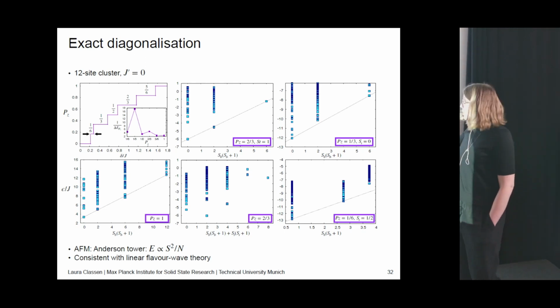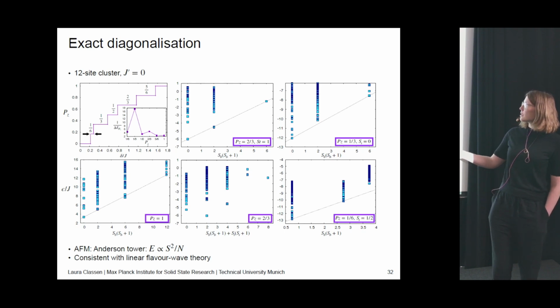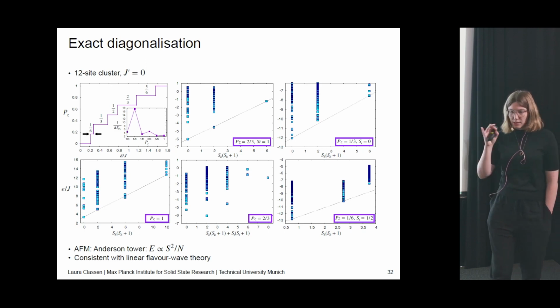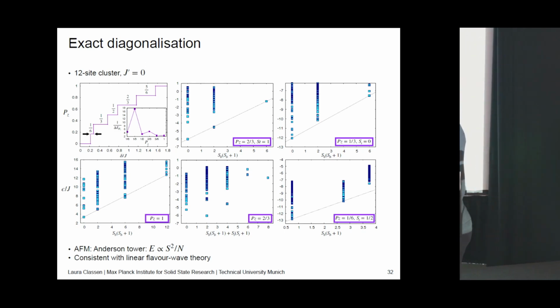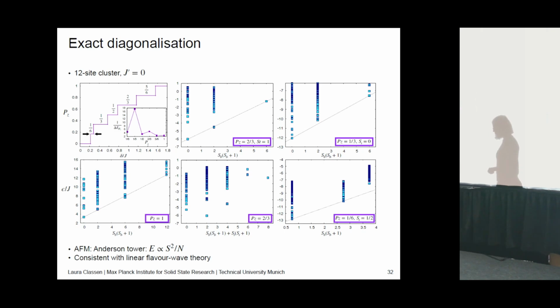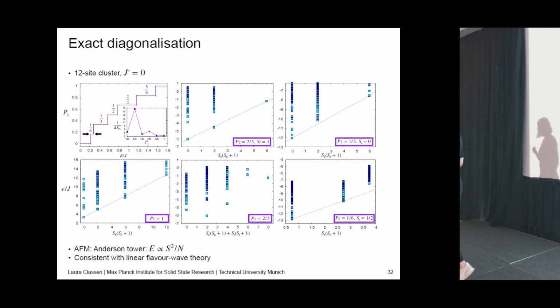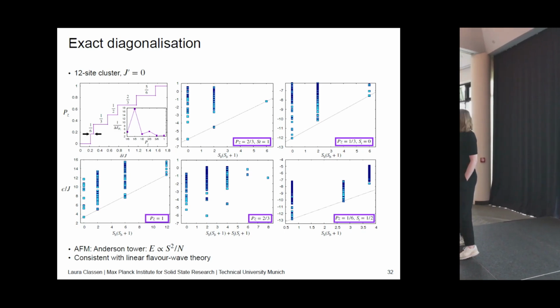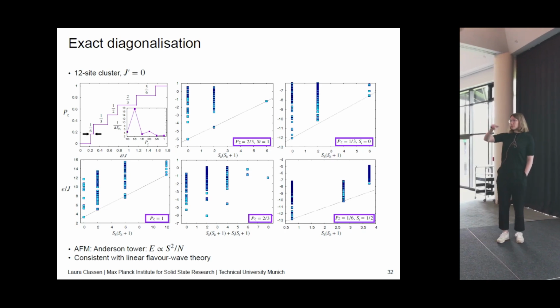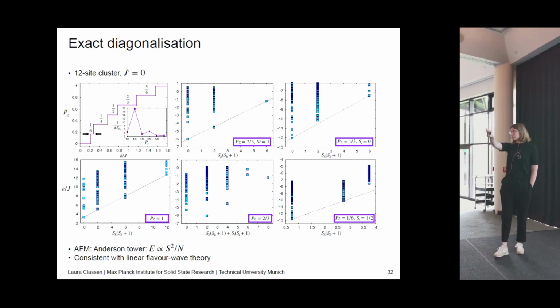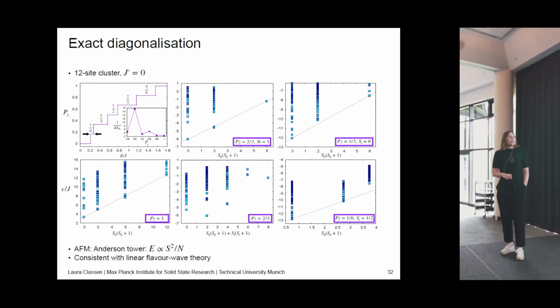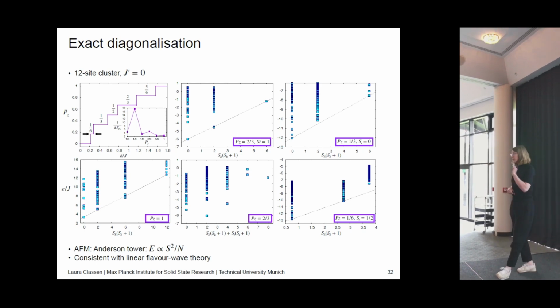And basically, to summarize what you see here, in some cases, the lowest states fit a straight line, in others, not really. And this analysis goes back to what's called an Anderson tower of states, which tells us basically that in an antiferromagnet, these lowest lying energy states should be on a straight line, which then goes to 0 with system size. And this is what's happening if we have the 120-degree order.